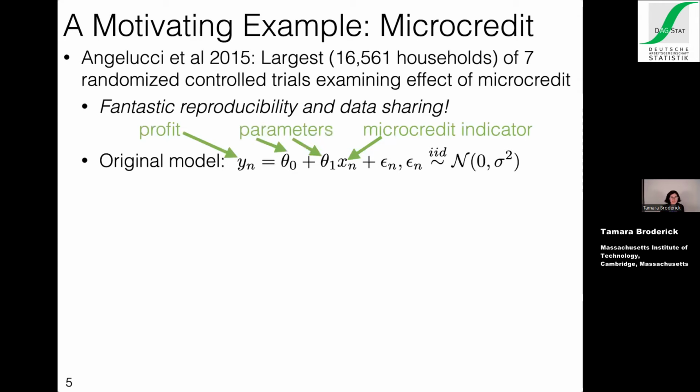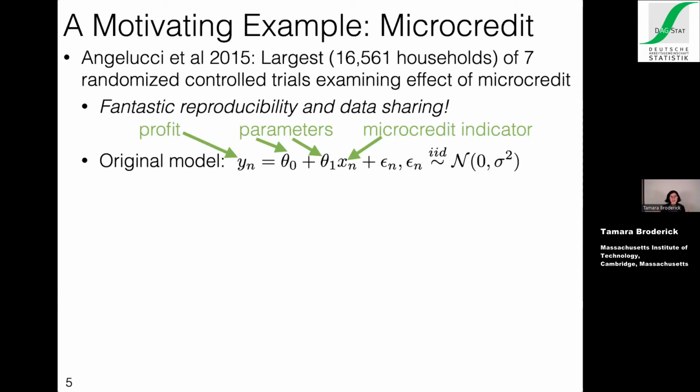And then finally, we have these 2 parameters, theta naught and theta 1. Theta naught is essentially the average business profit without microcredit, and theta 1 is the effect of microcredit. How much is microcredit helping if it's positive, or hurting if theta 1 is negative?